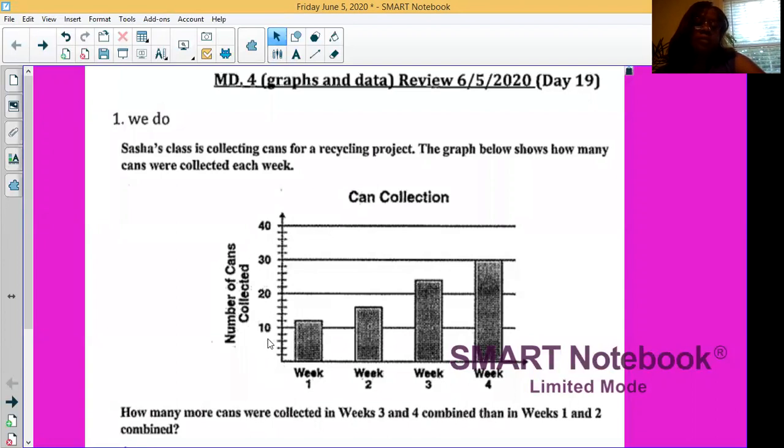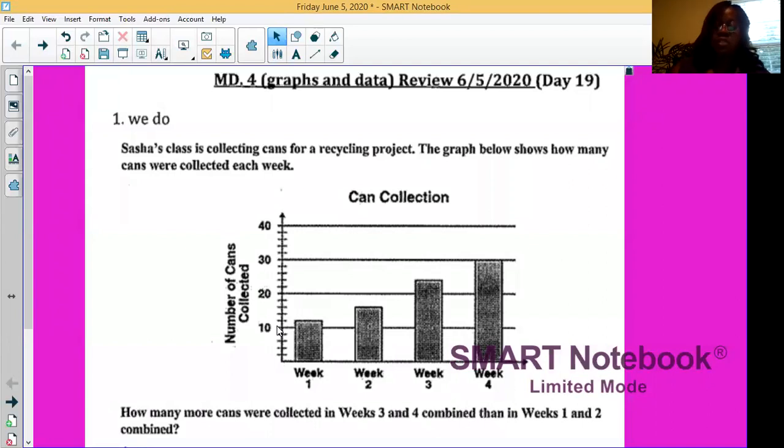Now, our scale is in increments of, there is nothing marked here, but then it jumps to 10. But if I count 1, 2, 3, 4, 5, that doesn't work. So that means that our scale is not in increments of 1. So let's try counting by 2s. 2, 4, 6, 8, 10.